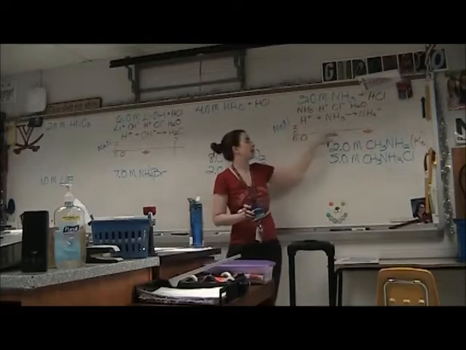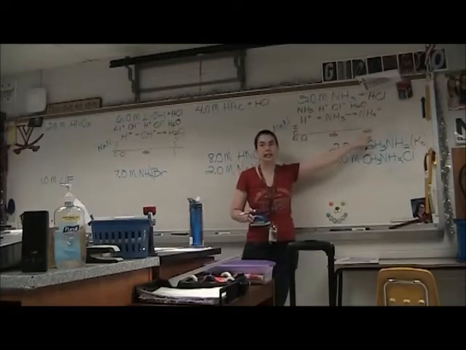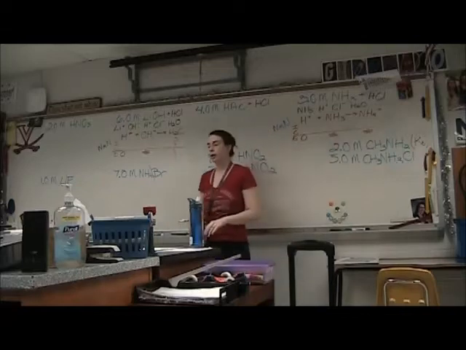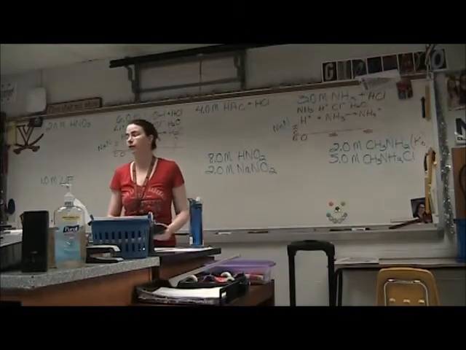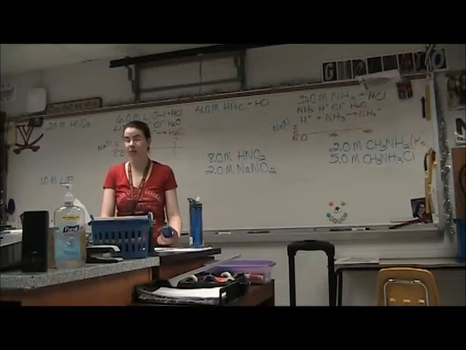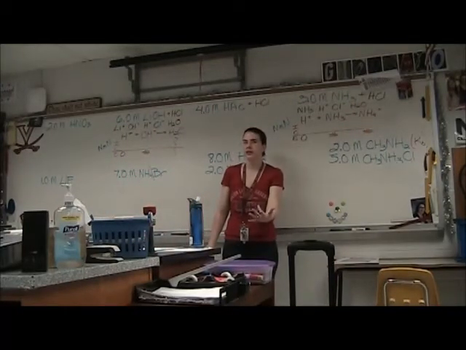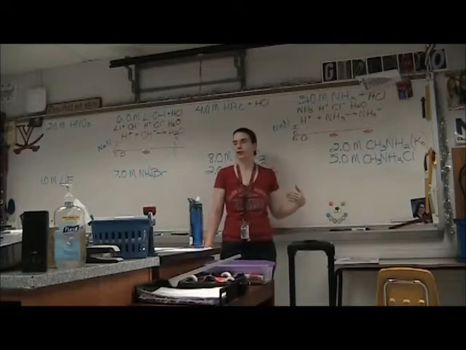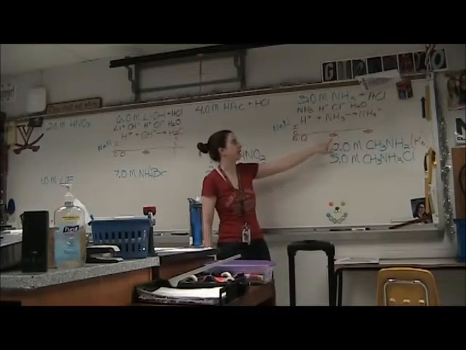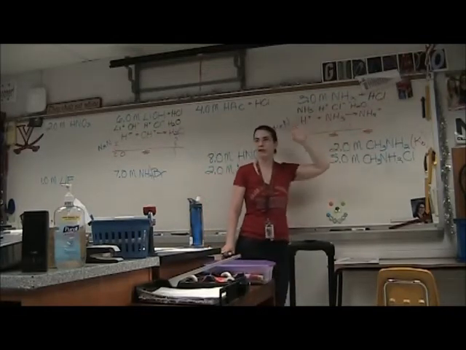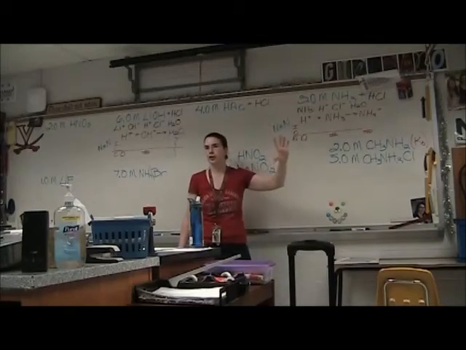If base and conjugate acid are equal, you're at the halfway point. And what's true about the pH at the halfway point? It equals pKa. Even if you didn't remember that, you would very quickly figure it out, because when you put, let's say, 5 and 5 into your Henderson-Hasselbalch equation, log of 1 is 0.